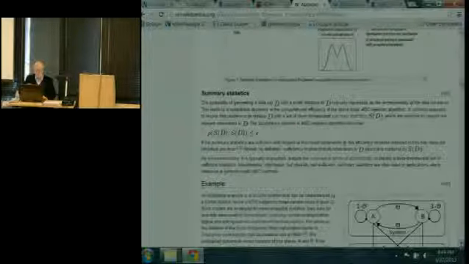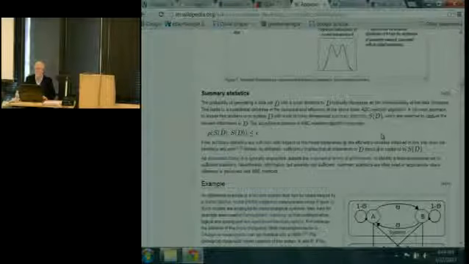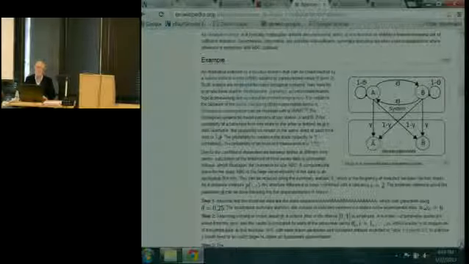So, as they're saying here, a common approach to lessen the difficulties that arise in ABC is to replace the entire data set with a set of lower dimensional summary statistics, which are selected to capture the relevant information in D, but you, the user, have to pick what that is, and if you make a bad choice, ABC will go ahead and give you answers, but it won't give you good answers. And so a lot of us in the Bayesian world are pretty suspicious of this approach because it's not ready for prime time yet for users who are not experts in the use of the approach itself.